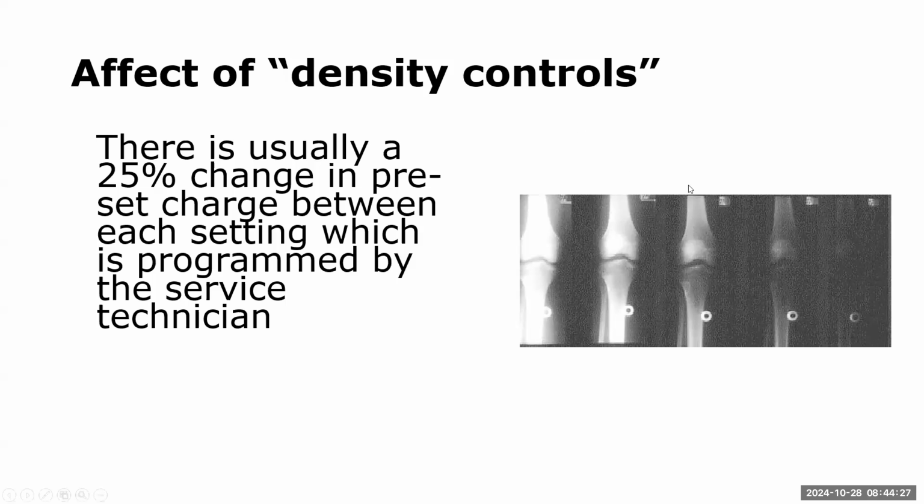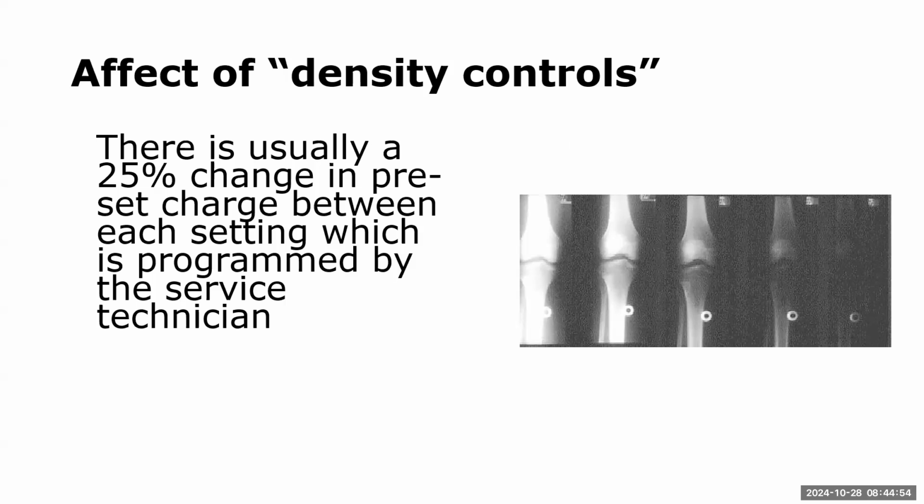So let's say, for example, this one in the middle was done on normal. All right, that's where we want it to be, normal density. If we use a +1, then it's going to add about 25% of preset charge. In other words, let's just talk hypothetically here.